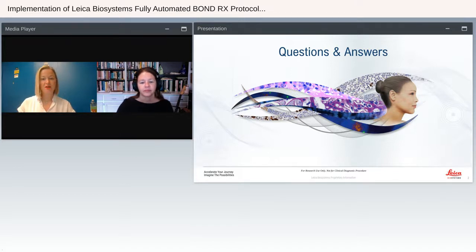But we're also seeing an increase in the neuro panels that are available. So a lot of interest in Alzheimer's, any type of disease aging process, those have started to come in. So those are the biggest areas that we see.